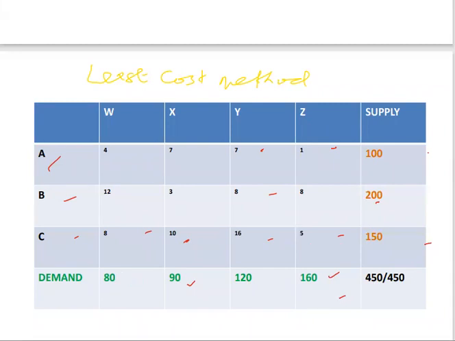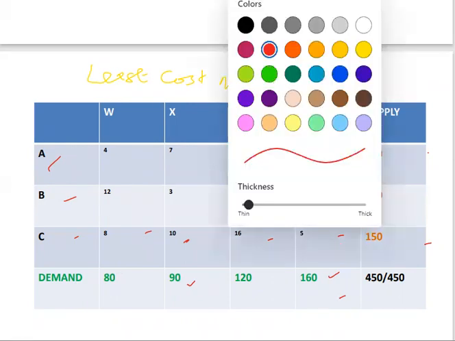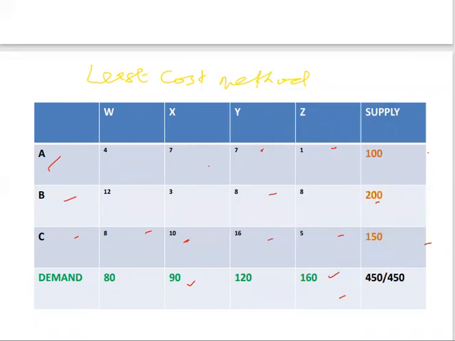All right. What is the path we want to consider now? AW. Please, can you call those allocations we made for me? AZ, what's the allocation there? That is 100, right? BX, what's the allocation? 90.